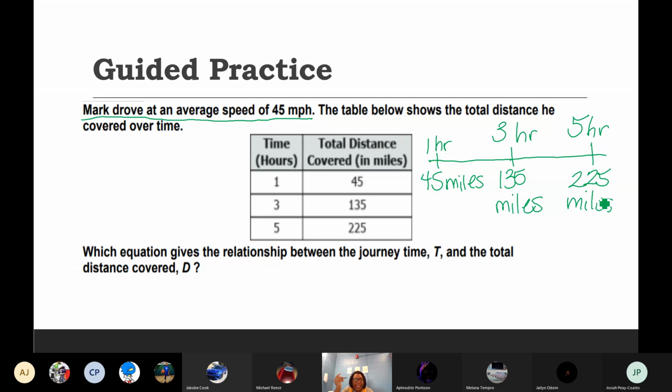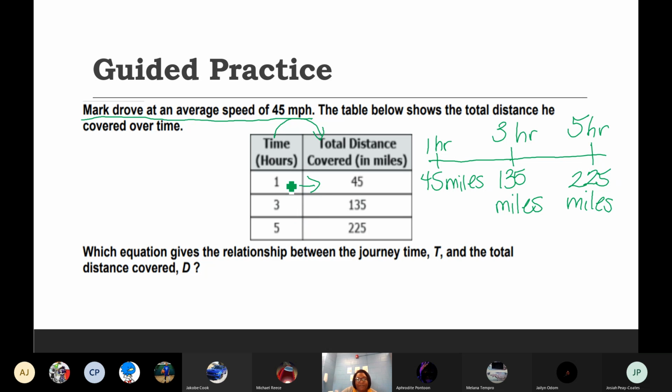So now we have to write an equation that tells us the relationship between the time and the distance. Remember, to get from 1 to 45, we had to do some adding or multiplying.